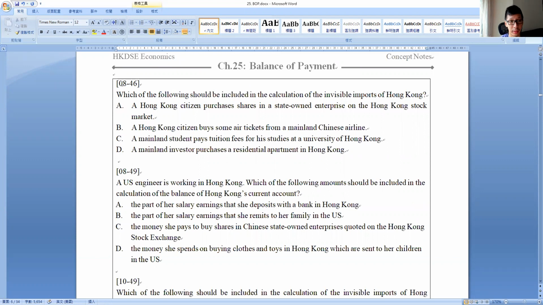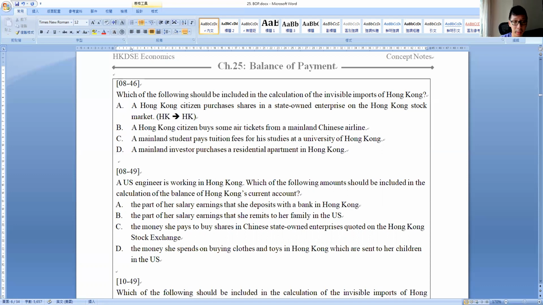Now to the next question here, 2008, right? Which of the following should be included in an invisible import? Invisible import，好啦，記住 invisible，therefore service import outflow。Hong Kong citizens purchase shares on the Hong Kong stock market。喂，其實你見到 stock 已經知啦。This is Hong Kong paying money to Hong Kong，係嘛？Is it anything to do with BOP?